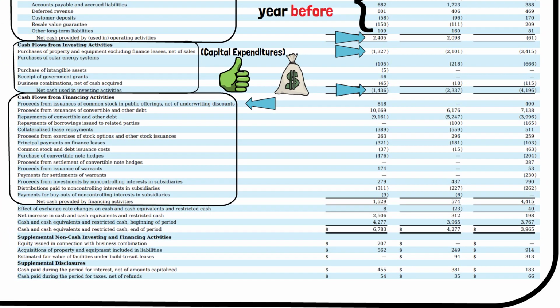The next part shows how much cash Tesla received from issuing debt like bonds or loans. Repayment shows how much cash Tesla spent on repaying the debt they issued in the past. The rest of the items in this section are other finance-related activities showing cash received and spent.